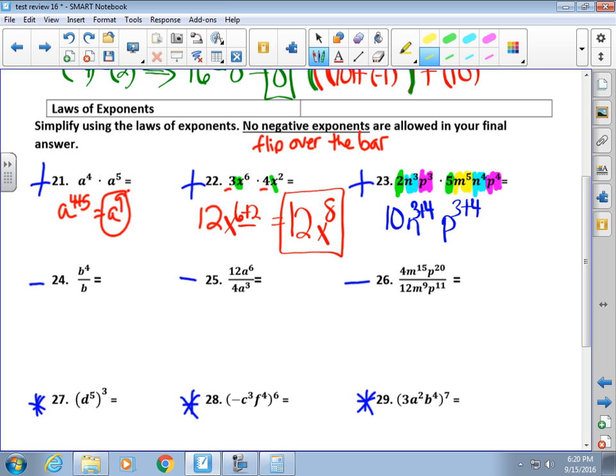So I just bring it straight down. M to the 5th. All right? Am I done? No, you are not done. You need to do the addition. All right? So my final answer is 10 n to the 7th, p to the 7th, m to the 5th. Final answer.